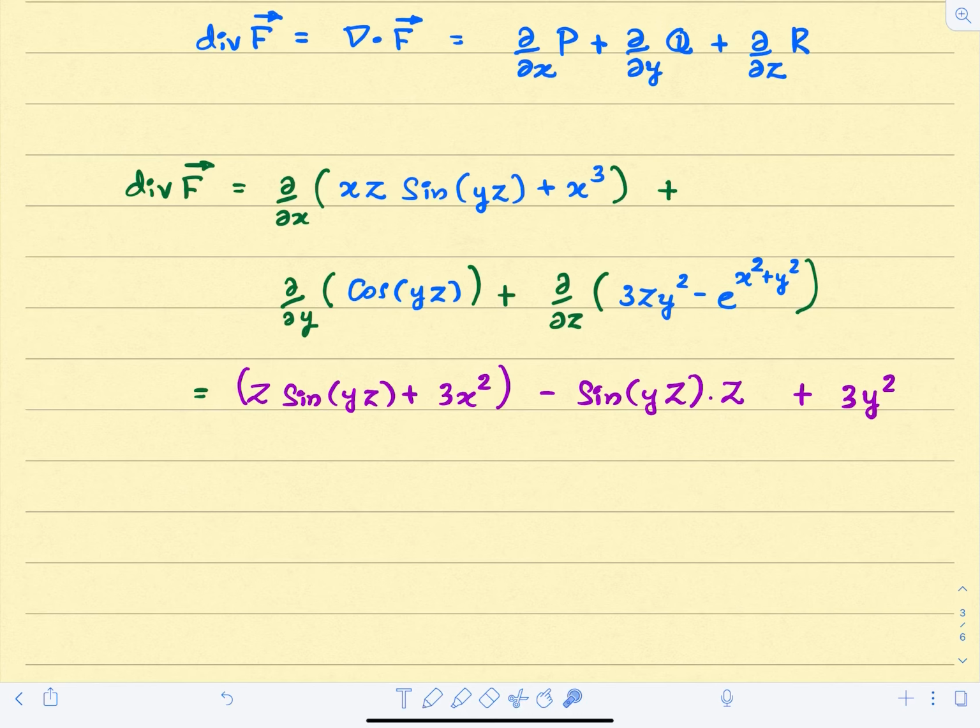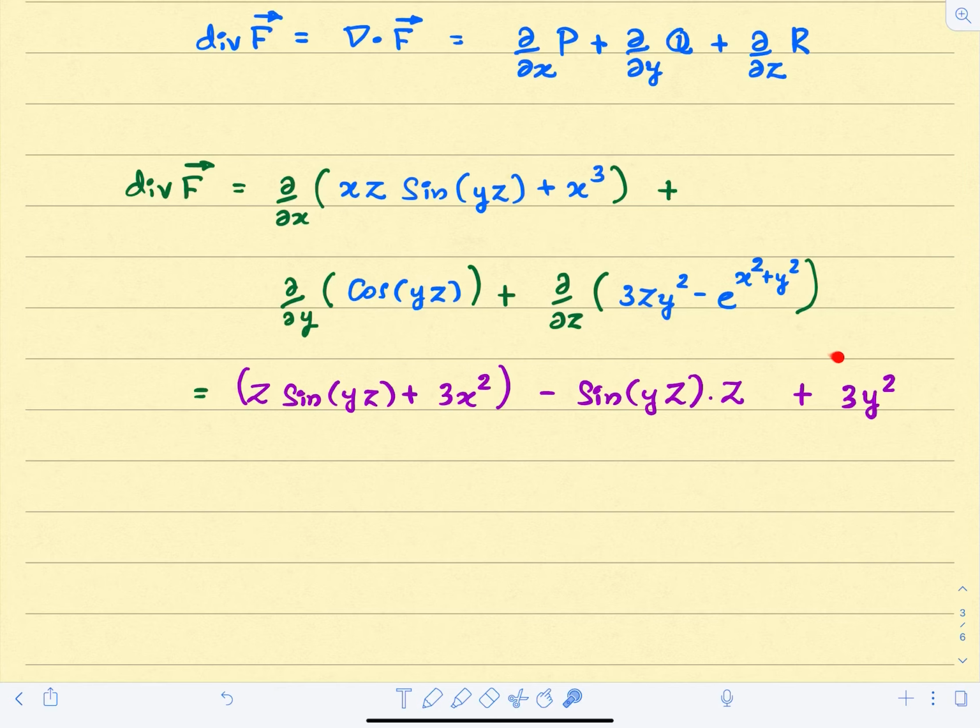Again, here we have to treat variables x and y as if they are constants. So the derivative of the first term with respect to the z variable gives you 3y squared, and the derivative of the second term with respect to the z variable is 0.